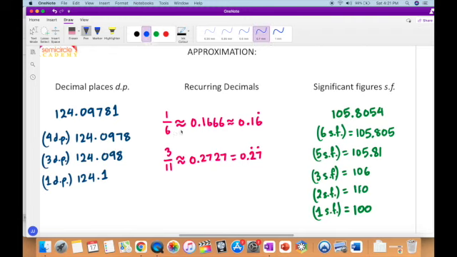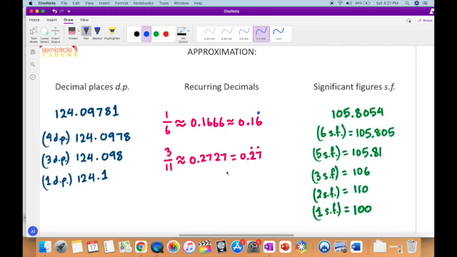So 1/6 is approximately equal to 0.1666 recurring. So that 6 is going to go to infinity. So that is approximately equal to 0.16 with a dot on top of it, because the 6 is going to be repeated till infinity.